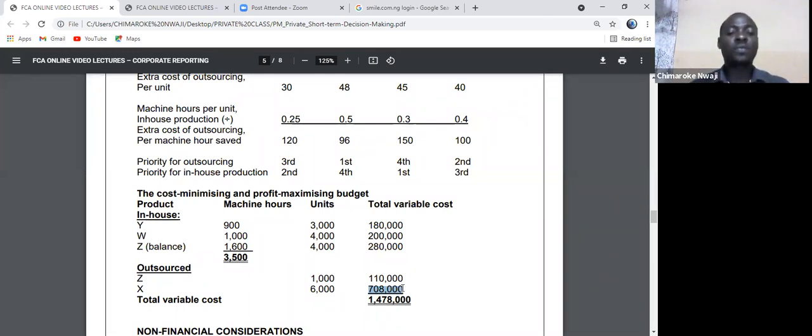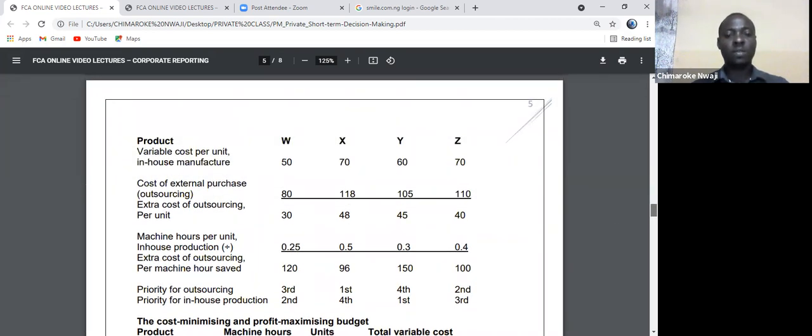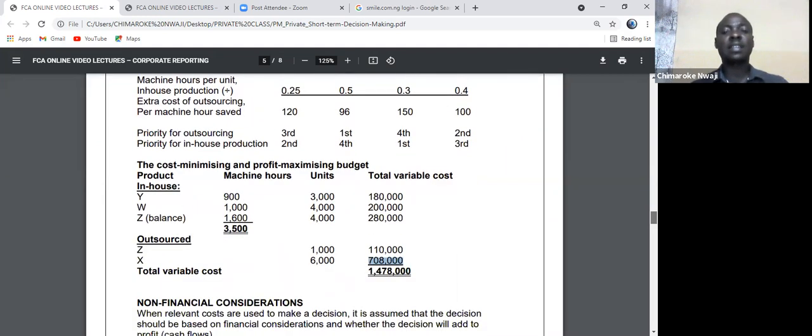But if you look at it from the scarce resource point of view, if we have to undertake X, thinking that we are saving 708 naira, you'll be doing yourself more harm because you'll be spending extra hours.